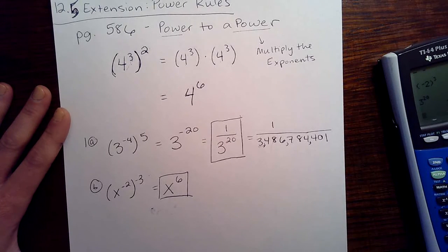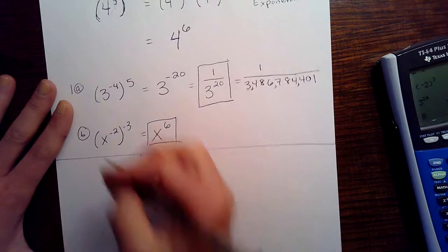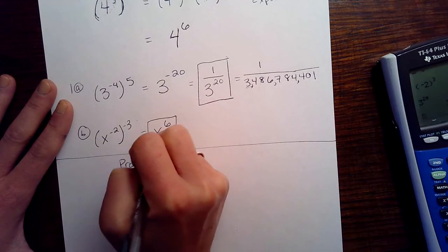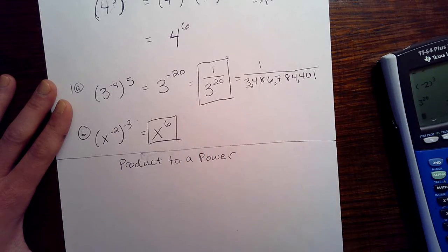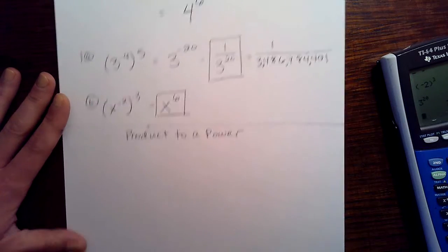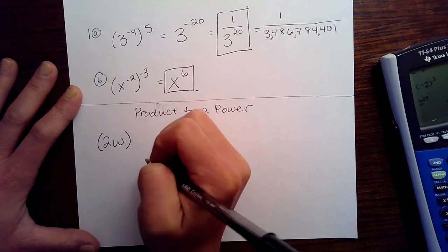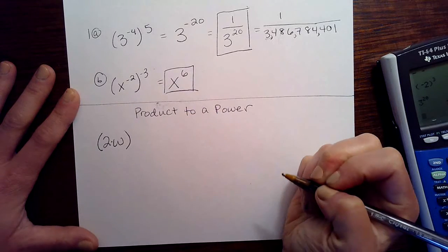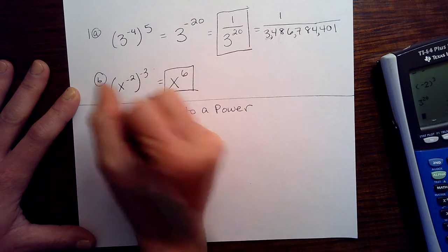Our other rule we see in example 2 is a product to a power. So we can also take something like 2w, 2 times w, and take that whole thing to the third power.